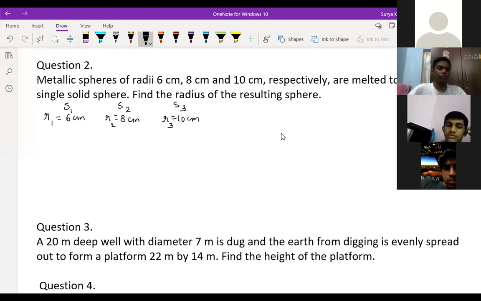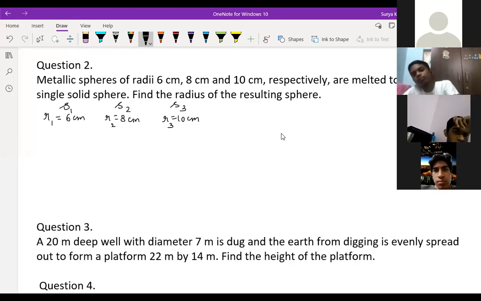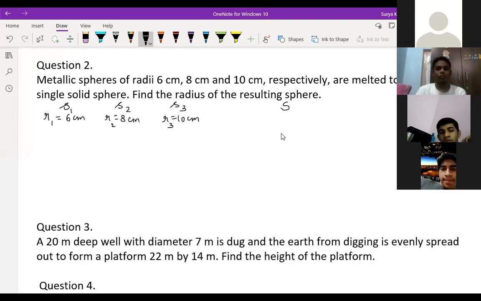And these spheres are melted to form a single solid sphere. So think of the small spheres as small s, and the one big sphere we are making as capital S. We have to find the radius of the bigger sphere.